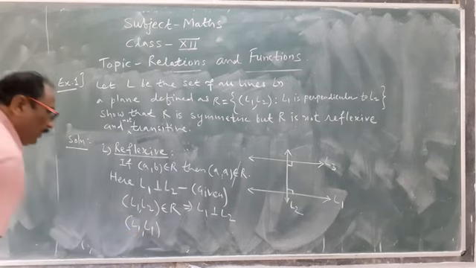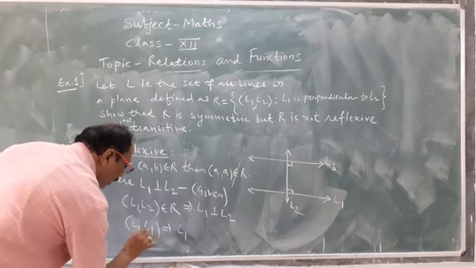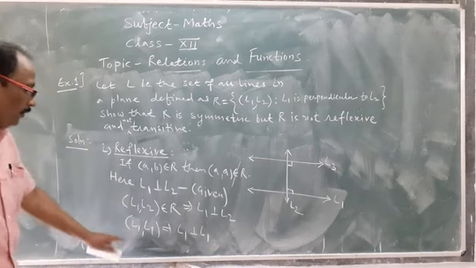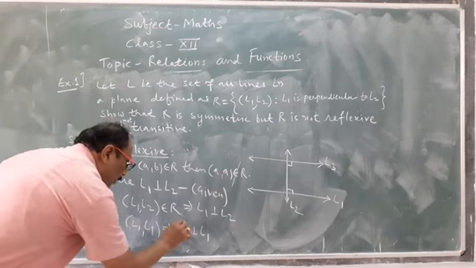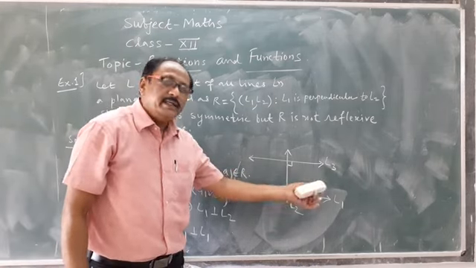The meaning of this is that L1 is perpendicular to L1. Is it possible? The ordered pair (L1, L1) means L1 should be perpendicular to L1. A line L1 should be perpendicular to L1, but it is not possible.